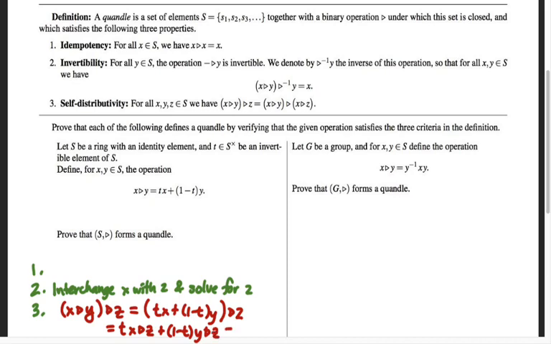And then you work out each of those trianglings also. So t times (x triangle z) is going to be t times (tx plus (1 minus t)z). And then (1 minus t) times (y triangle z), ty plus (1 minus t)z. And so you do a bunch of algebra to work all of that out. And then work out the right-hand side also. Just verify that those two things are equal.